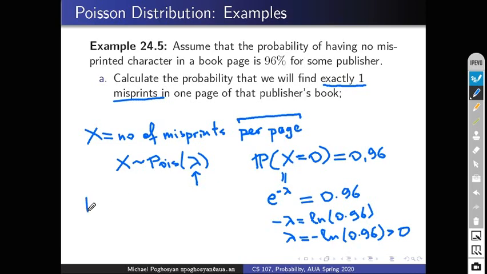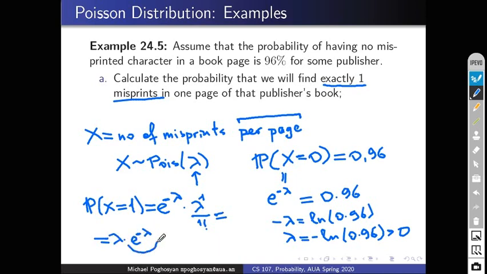So the probability that X is 1 is equal to e to the minus lambda times lambda to 1 over 1 factorial, which is lambda times e to the minus lambda.